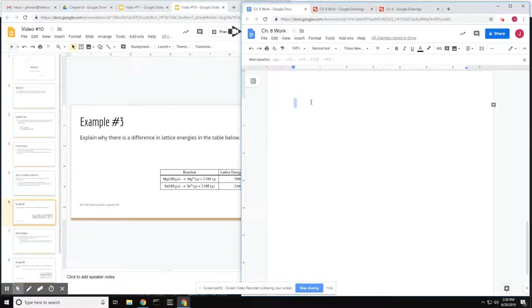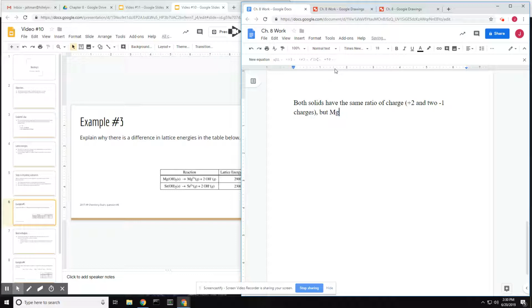All right, so let's discuss this. Both solids have the same ratio of charges. So we've got a +2 charge and 2 -1 charges.